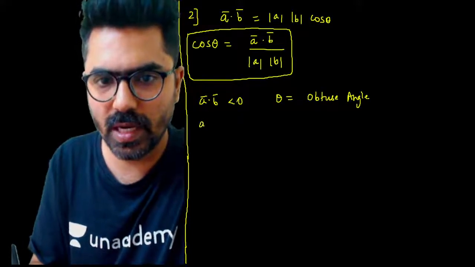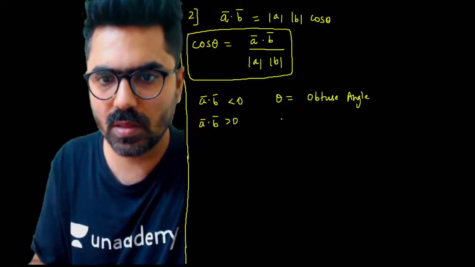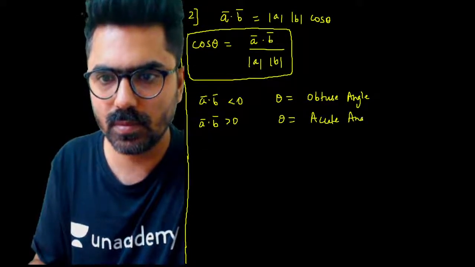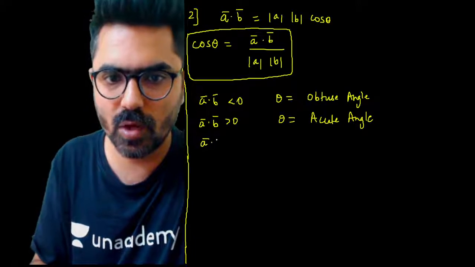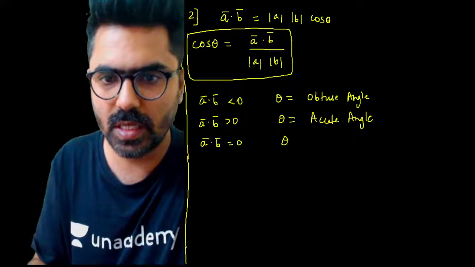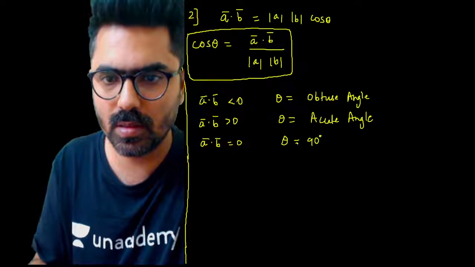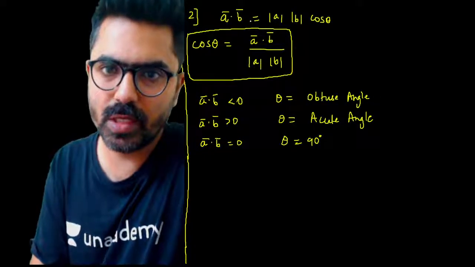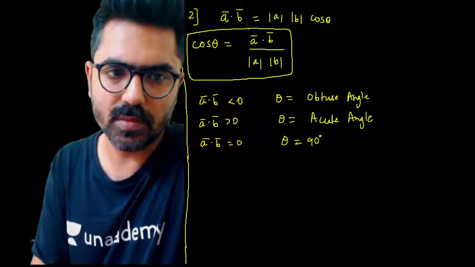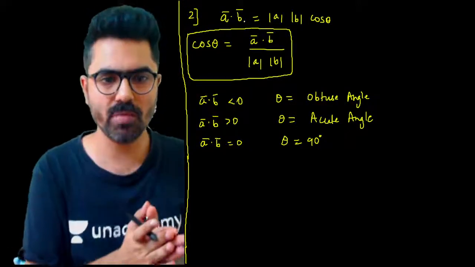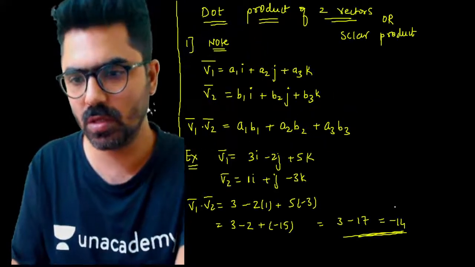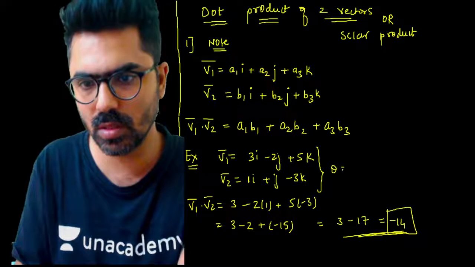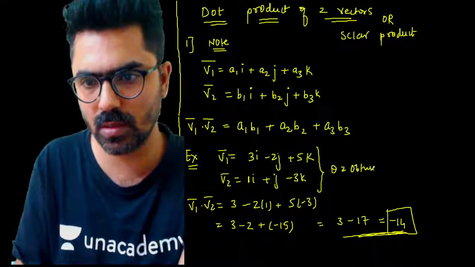If a dot b is positive, then we say theta is an acute angle. And if a dot b is 0, we say that theta is 90 degrees or a right angle. This is a very important definition of a dot product. a dot b is mod a mod b cos theta. So if a dot b becomes negative, as in the previous case we saw a dot b was negative, the angle between these two vectors was an obtuse angle.